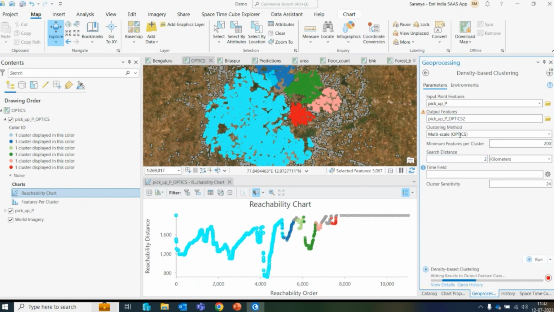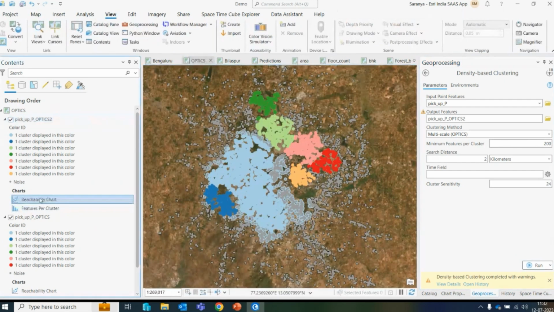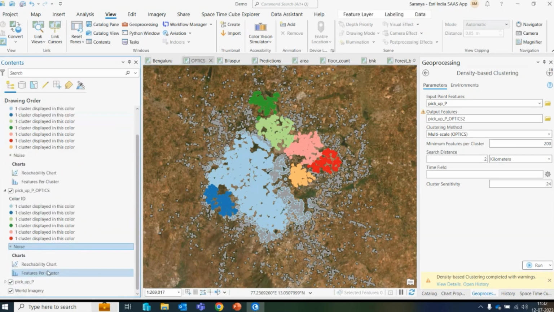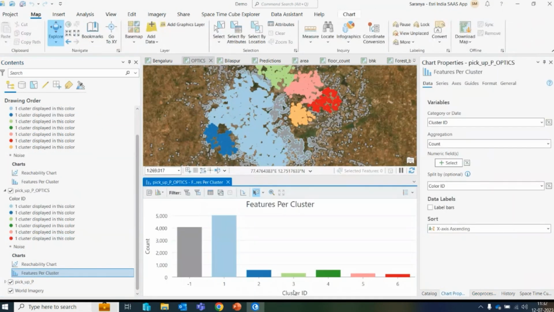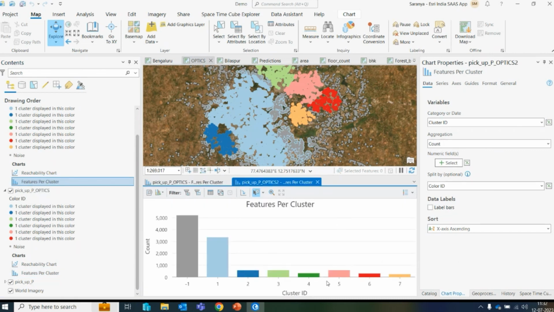The model will try to optimize the clusters. In our previous analysis, if you look at the number of features per cluster, there were 6 clusters, and our light blue had 5,023 points. Whereas now, after fine tuning, I have 7 clusters, and the light blue has 3,333 points.